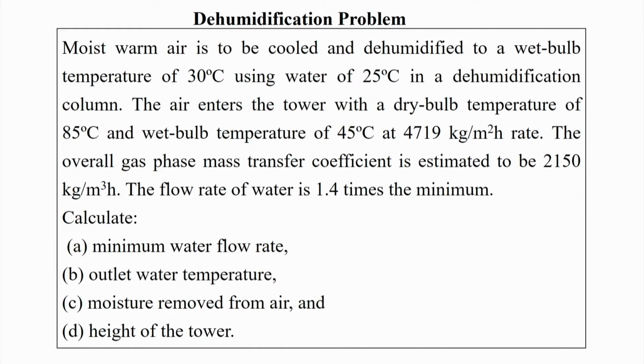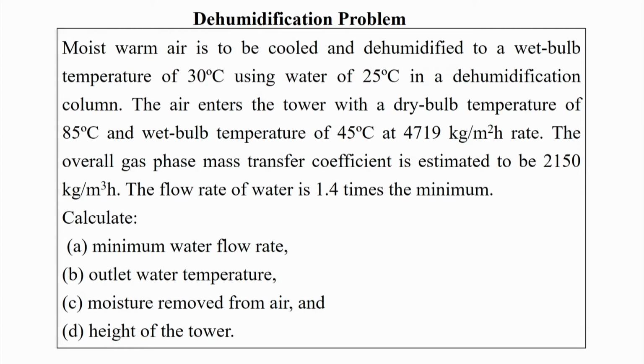The air enters the tower with a dry bulb temperature of 85 degree Celsius and wet bulb temperature of 45 degree Celsius at 4719 kg per meter square hour rate, that is, the rate of moist air. The overall gas phase mass transfer coefficient is estimated to be 2150 kg per meter cube hour. The flow rate of actual water is 1.4 times the minimum.